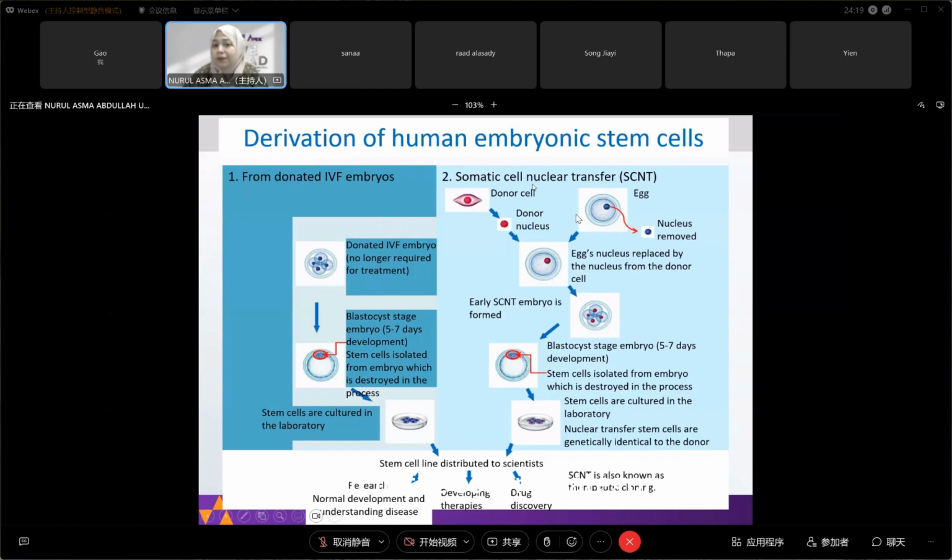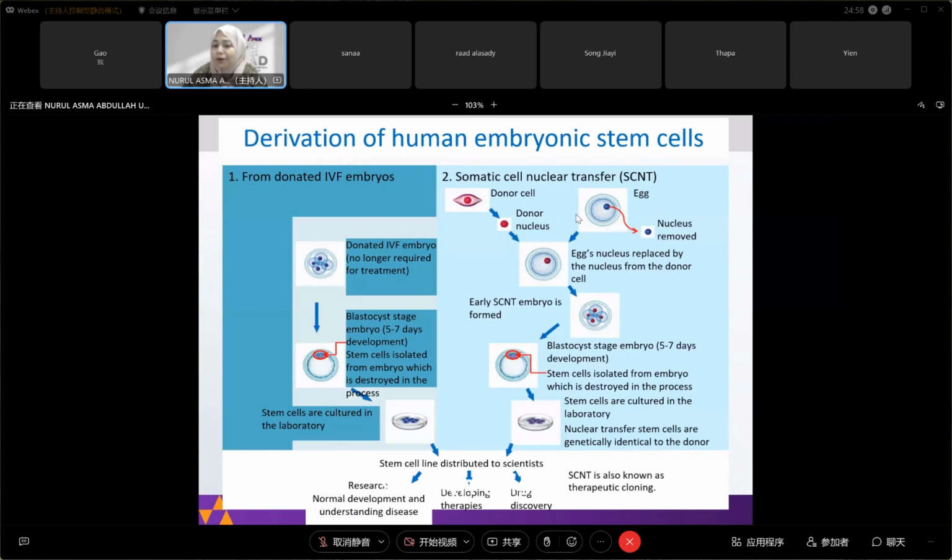But in the second category, somatic cell nuclear transfer, it needs the donor, the donor cells, and also the egg, whereby the egg is donating the genetic materials for the donor cell to carry and replicate and multiply in the somatic cell nuclear transfer method.